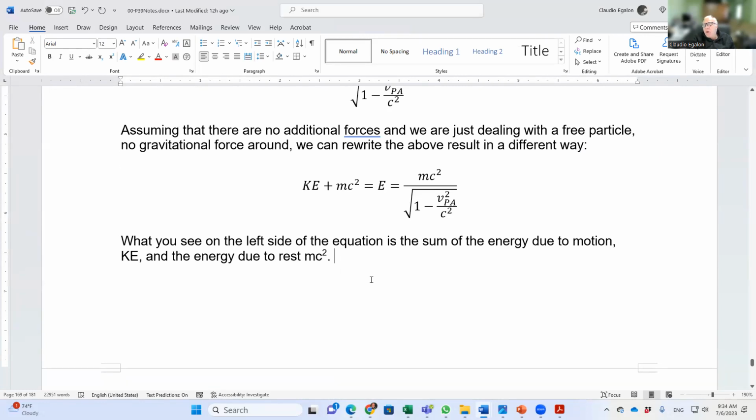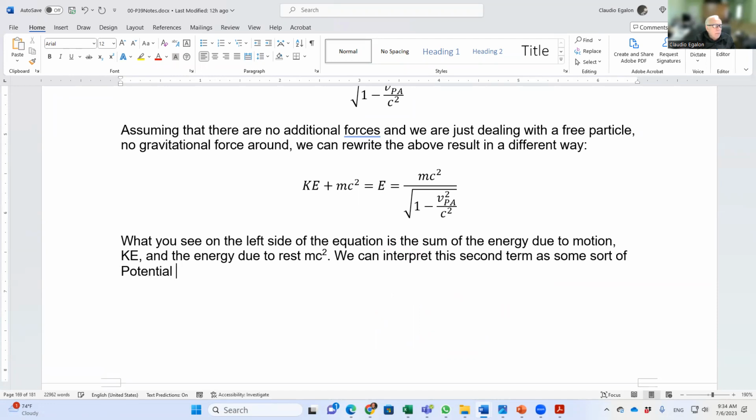And by the way, we can interpret the second term as some sort of potential energy. Okay? Let's say rest potential energy. Sort of rest potential energy.